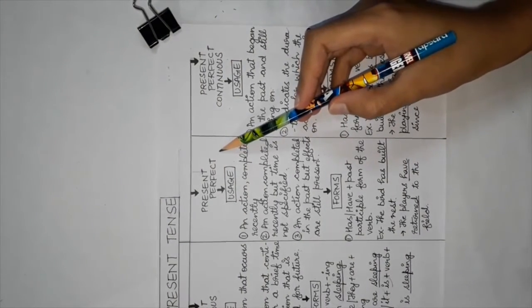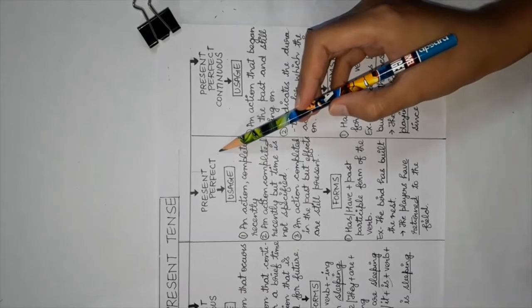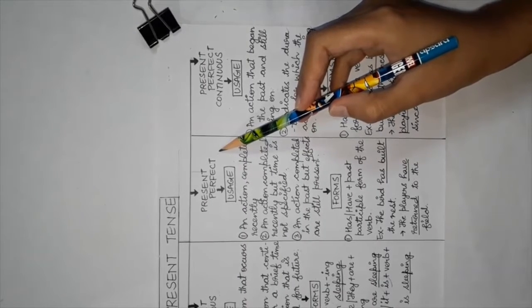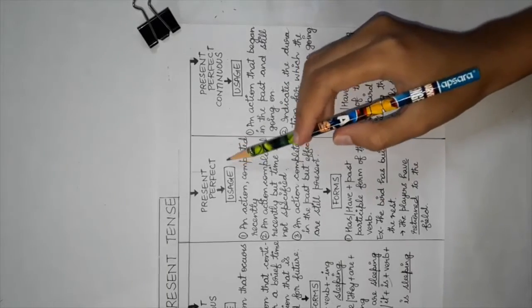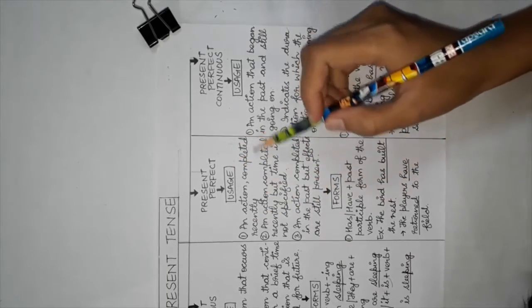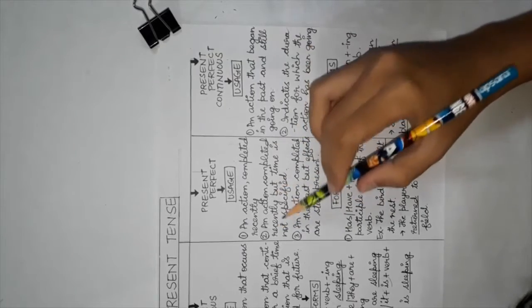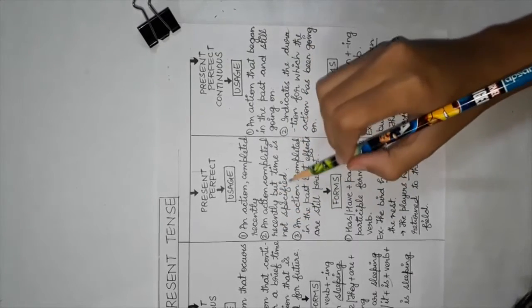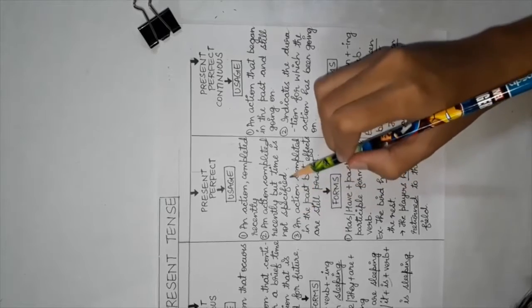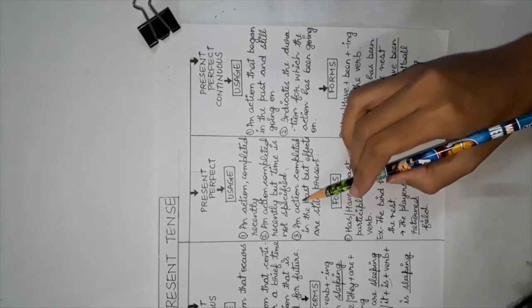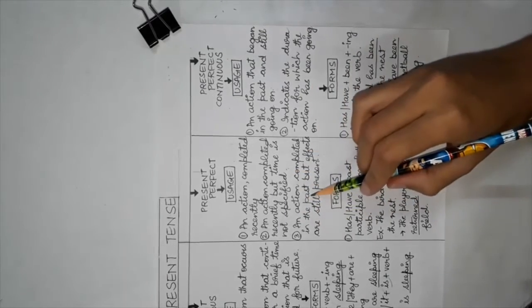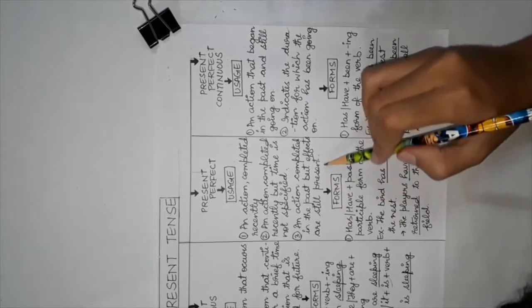The present perfect tense denotes an action that has been completed at a specific time in the present and whose effects are still there. The usage is for an action completed recently, for an action completed recently but time is not specified, which means it is not given, and an action completed in the past but effects are still present.